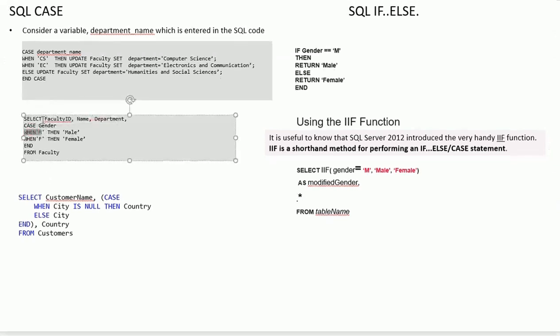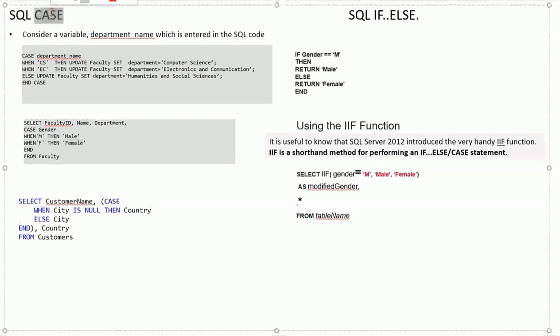You can say select whatever fields you have, like customer ID, customer name, and their address, comma, then case gender when M, when the record has an M, then give me male. When F, then give me female, and then from the table name. That is what the SQL case is for. It's very straightforward. And in the same way, either using the case operator or using if else, you can perform the same set of operations. So you can just practice it.